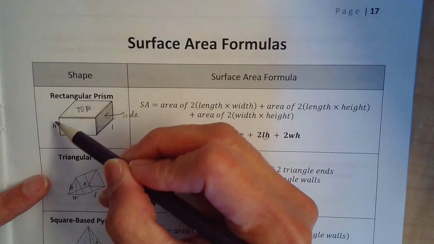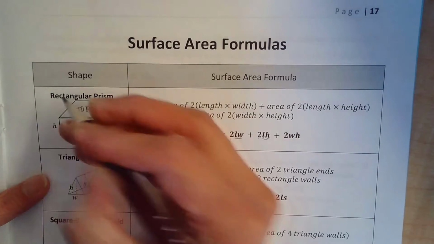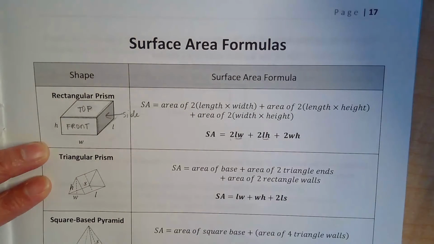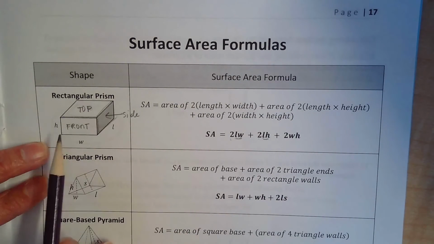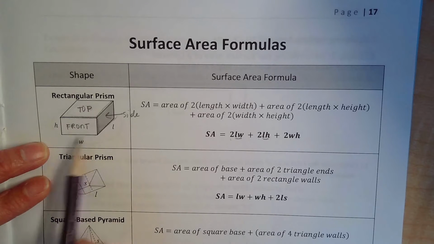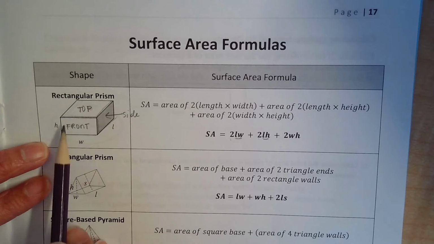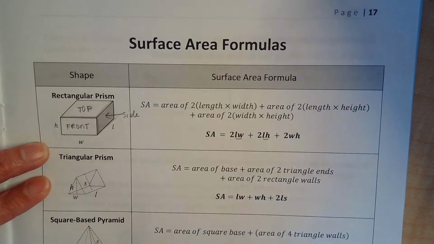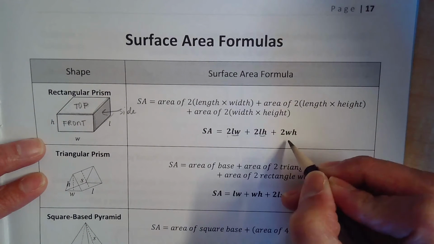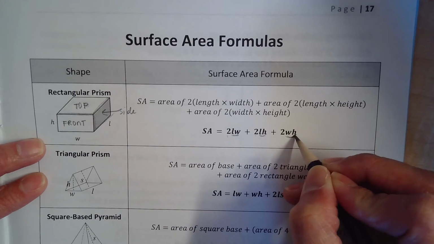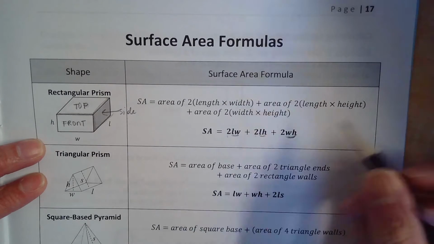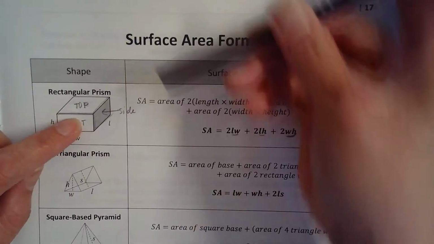And now what about the front? The front would be width times height. So you look over here, width and height, that will give us the front. But it's times 2 because of the front and the back.